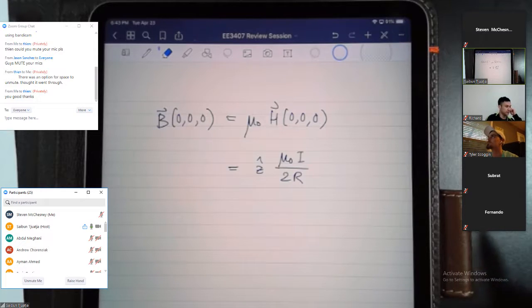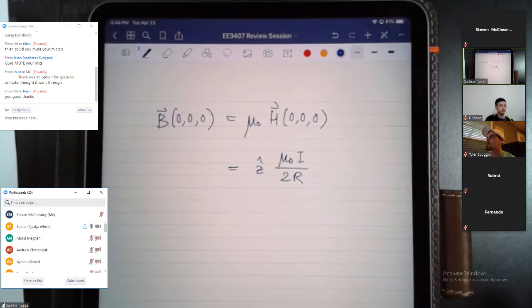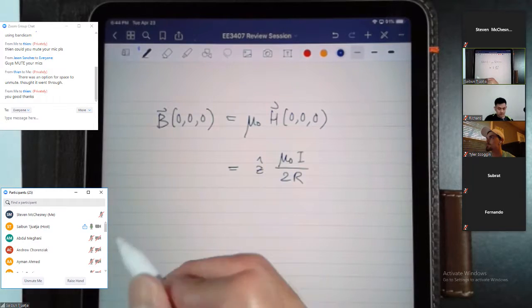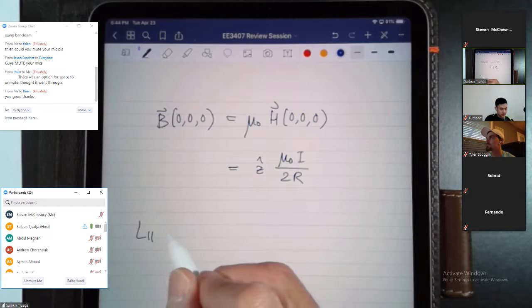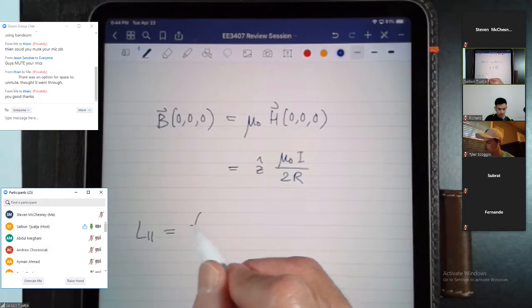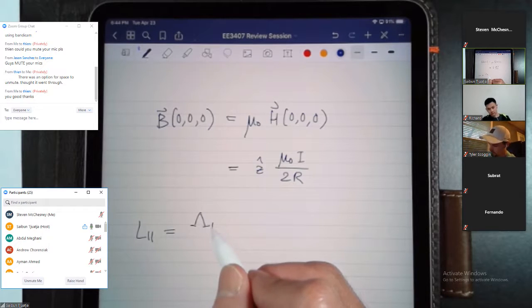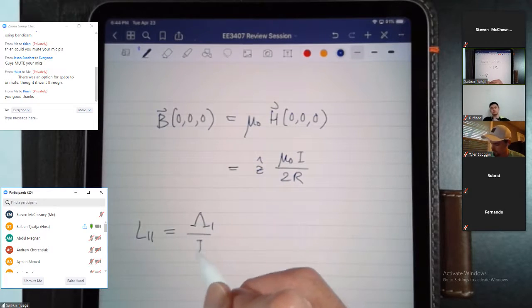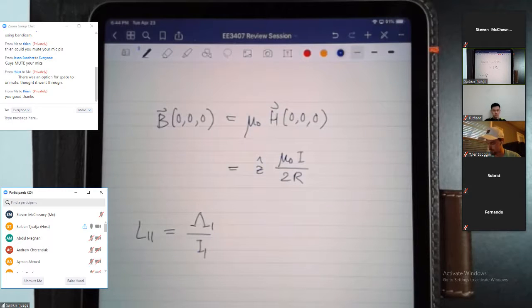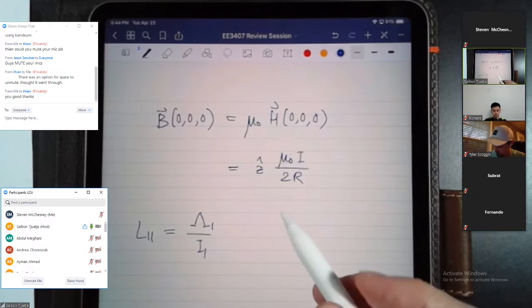Now the next question: you're asked to determine the self-inductance. So what is self-inductance? Self-inductance is how much flux the circuit or the geometry captures over the current. We generally write L11 equal to capital lambda 1, the flux linkage produced by current 1, divided by the current in circuit 1.